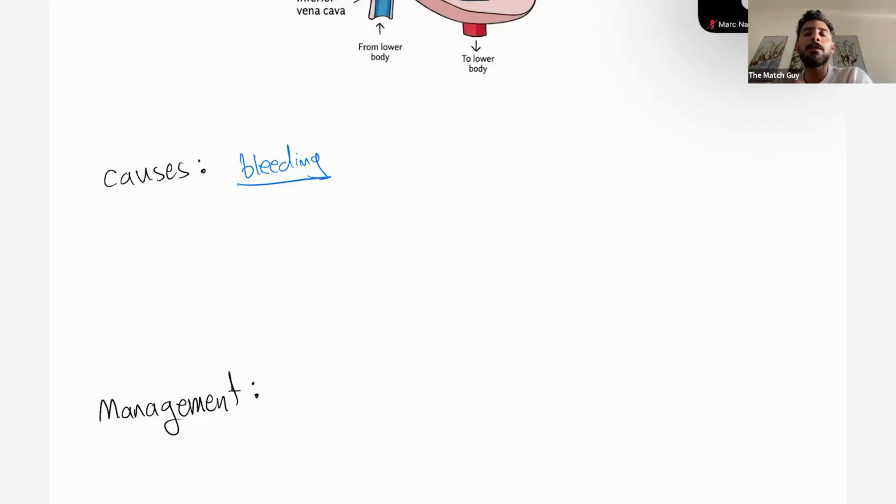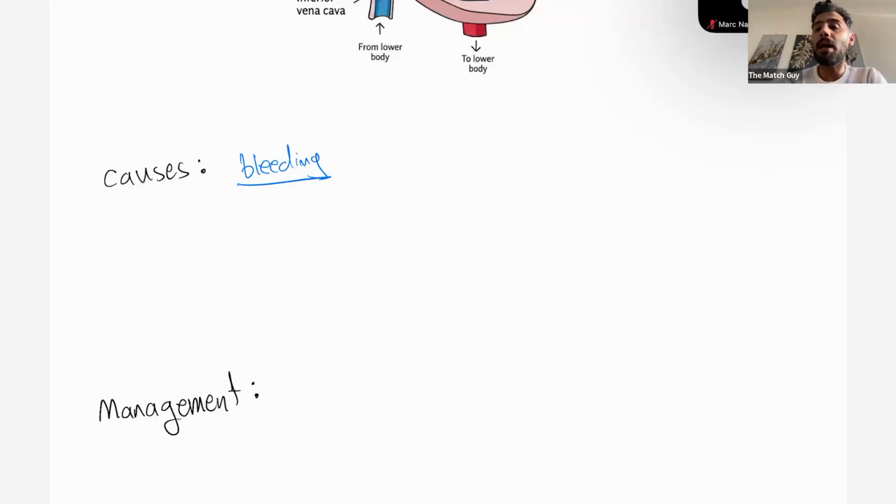Sometimes you can be losing fluids without bleeding, but this is much rarer in real life, like maybe very severe, prolonged diarrhea, or vomiting, or a lot of sweating, where you're going to be losing a lot of fluids not through bleeding. But mainly on the exams it is going to be a bleeding patient.